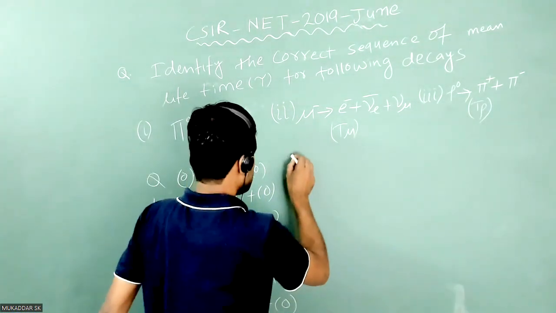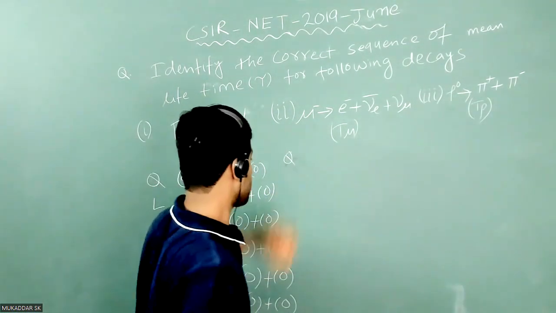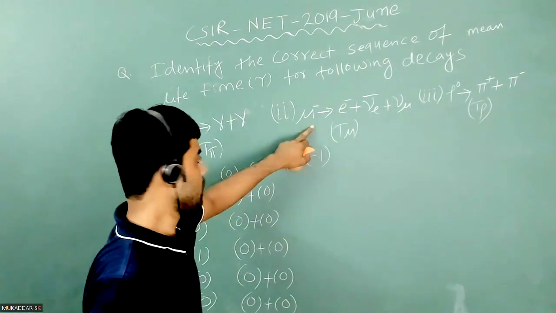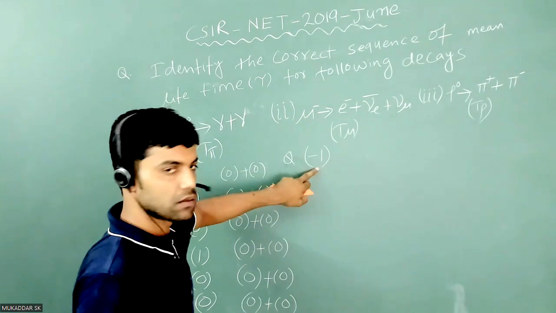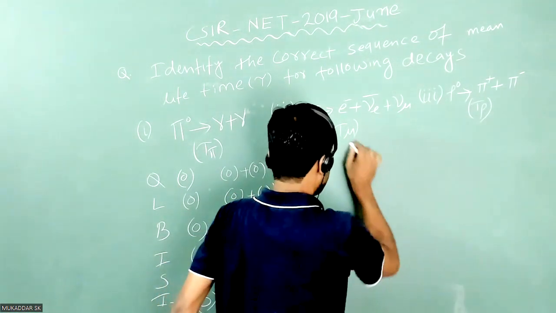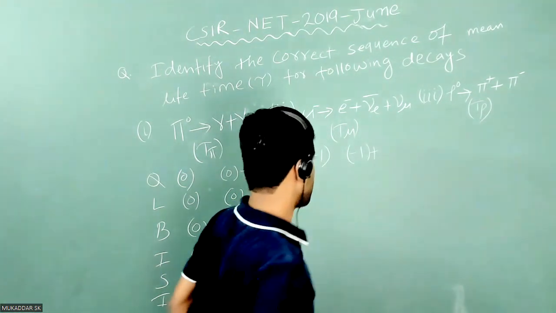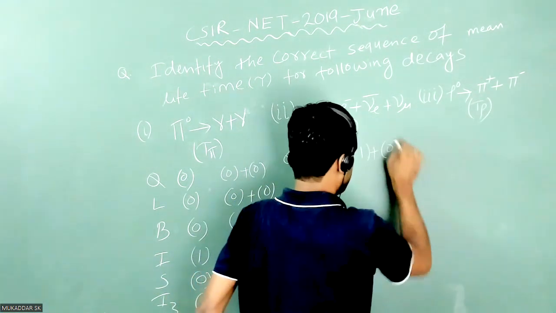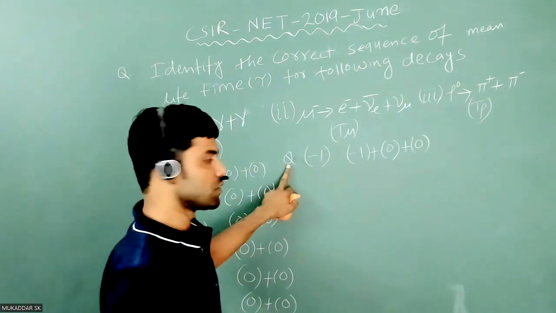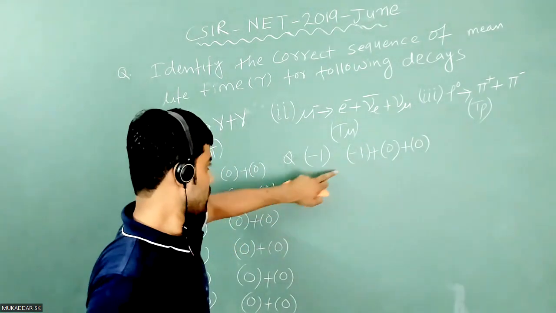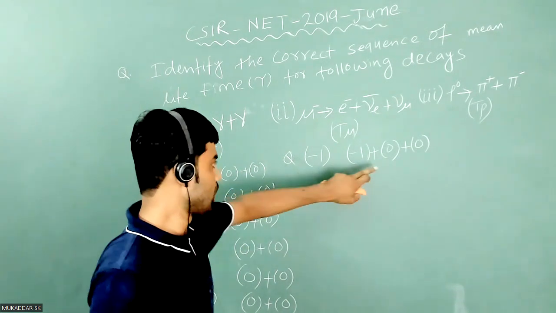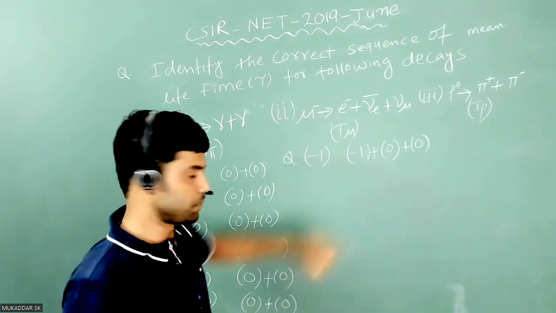Let us check charge conservation. On the left hand side, for mu minus that number is -1. On the right hand side, you have e minus, that number will be -1. For nu e bar that number will be 0, and for nu mu this number will be 0. So charge is conserved.